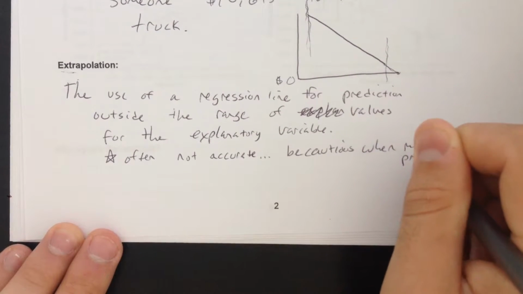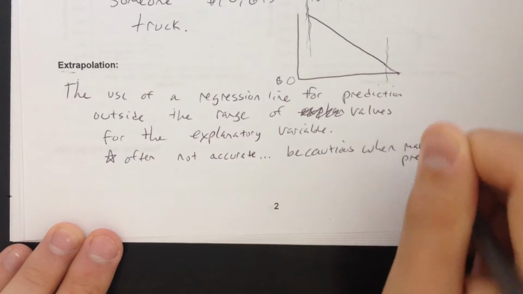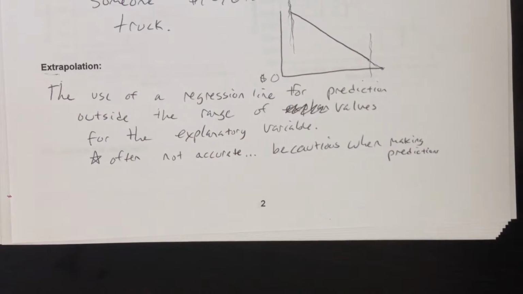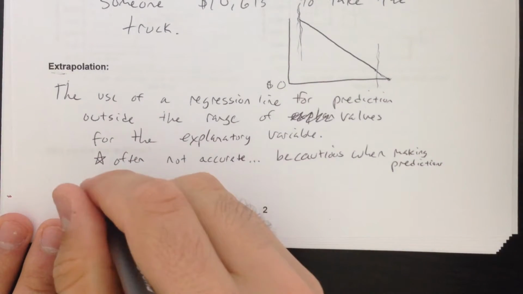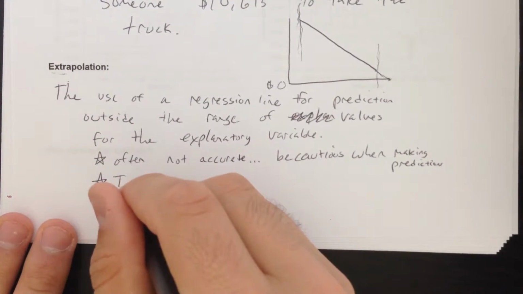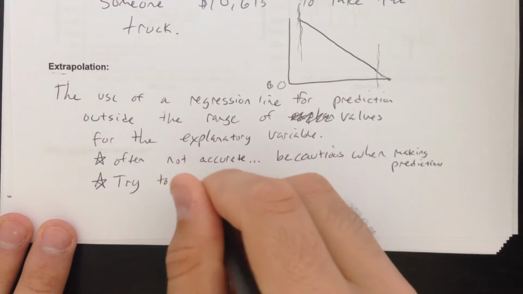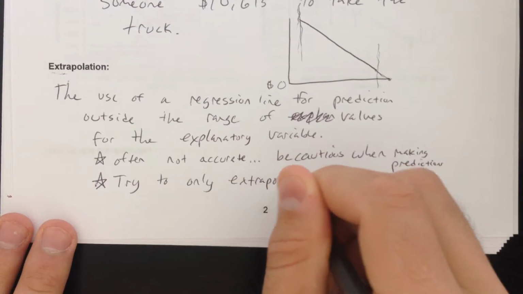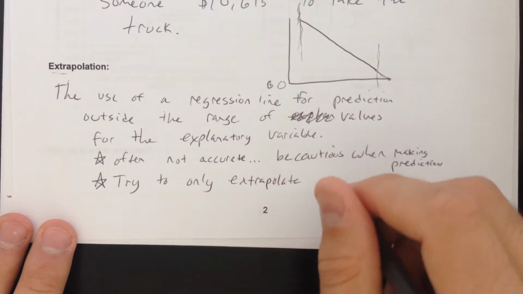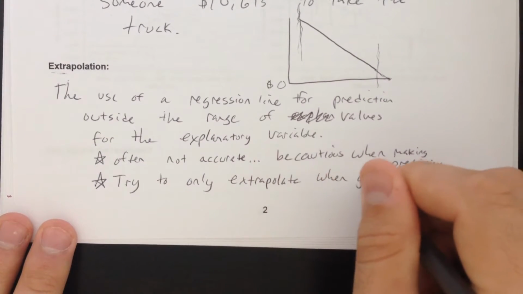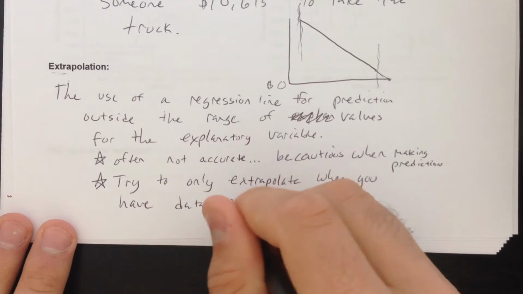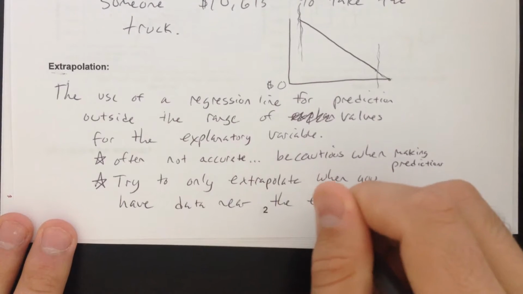Taking all the facts, besides the equation, you should be thinking about what's my r value? What's the correlation coefficient? Should I really trust this prediction? If you do try to predict something or to extrapolate, try to only do it when there's data around the extrapolation point.